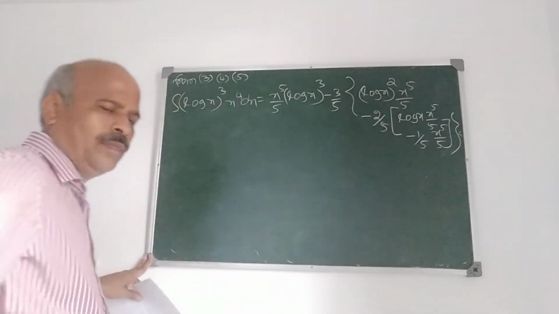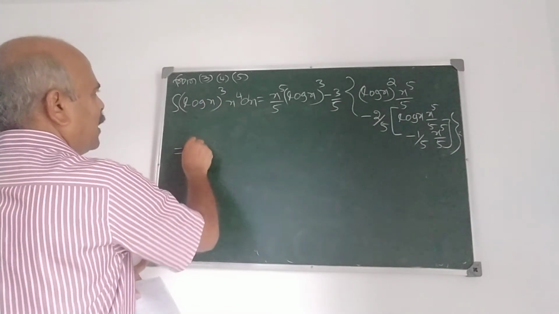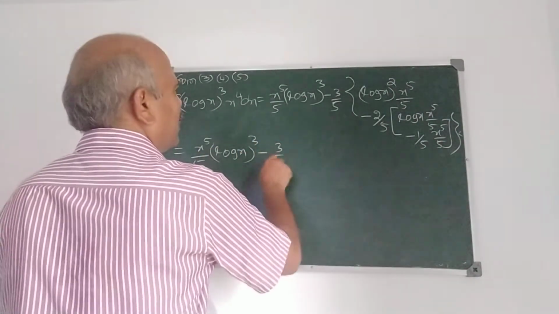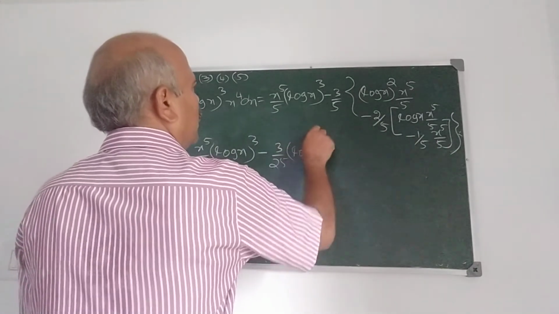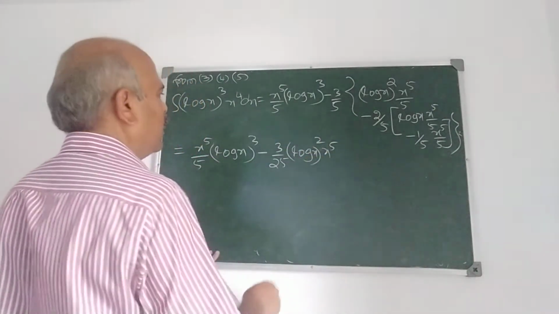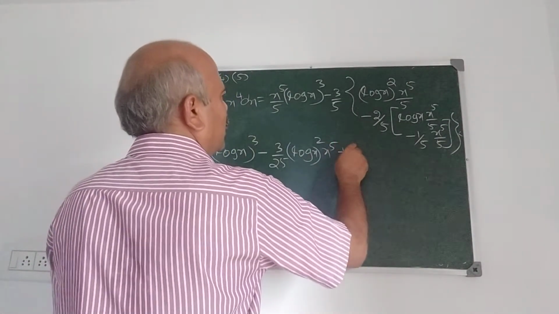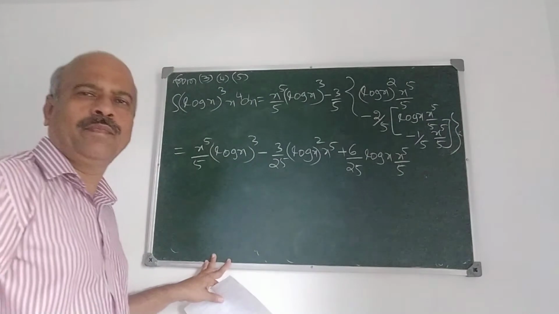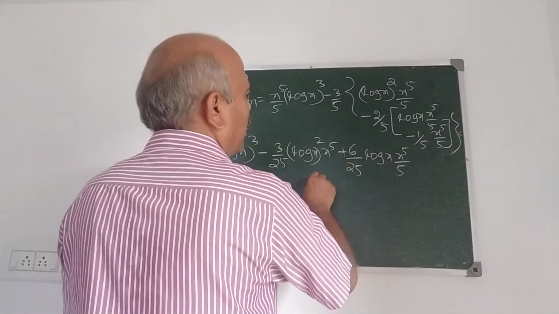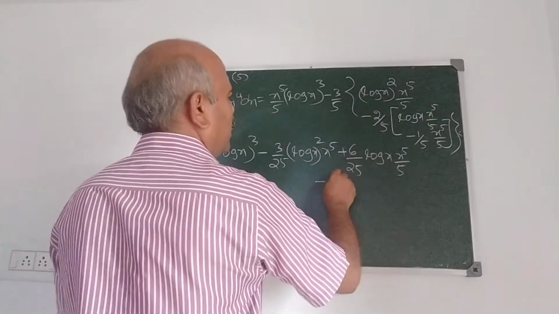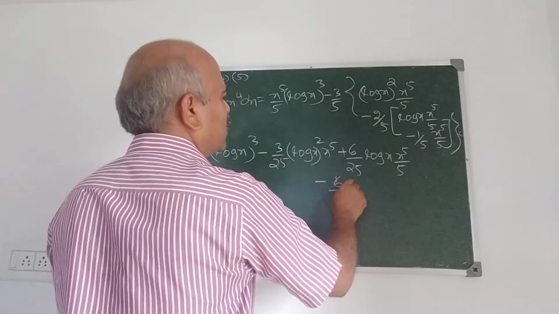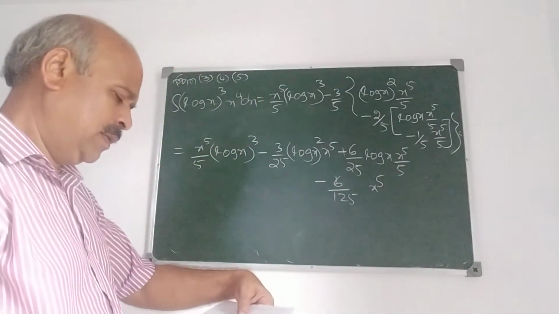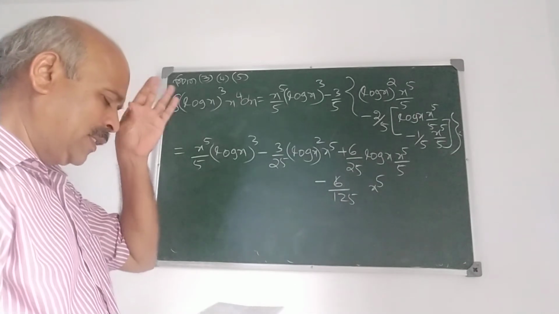Now simplify this. We get log x whole raised to 3, x raised to 4 as x raised to 5 by 5 log of x cube minus 3 by 25 log of x square x raised to 5 plus 6 by 25 log of x, x raised to 5 by 5, minus 6 by 125 x raised to 5.